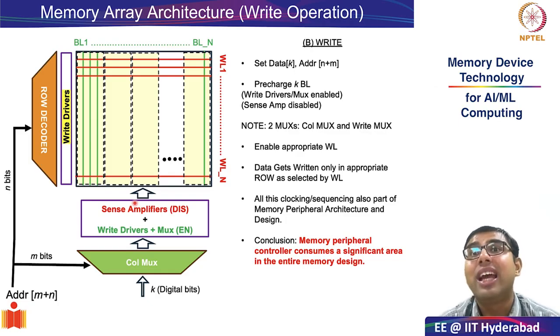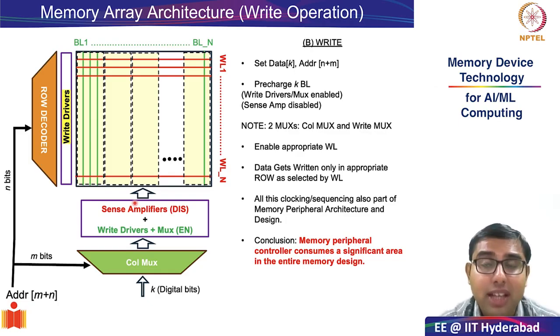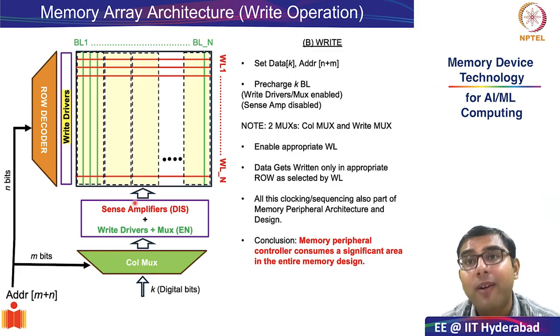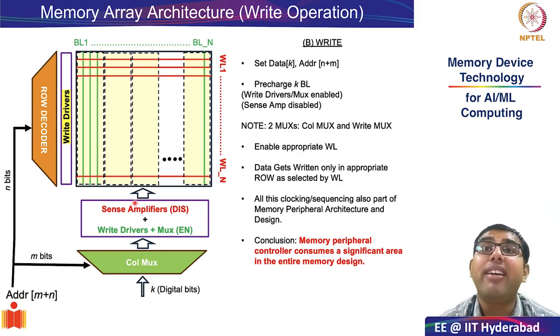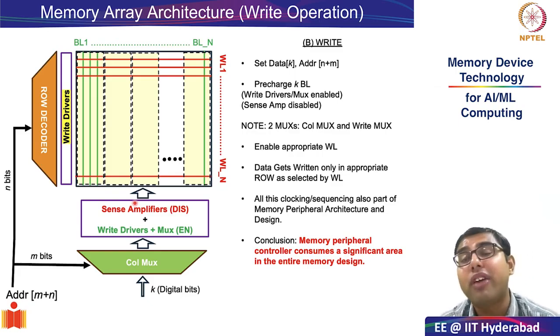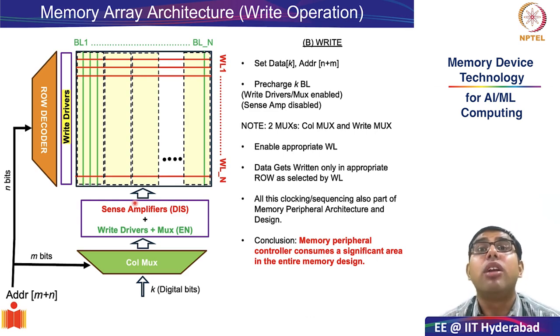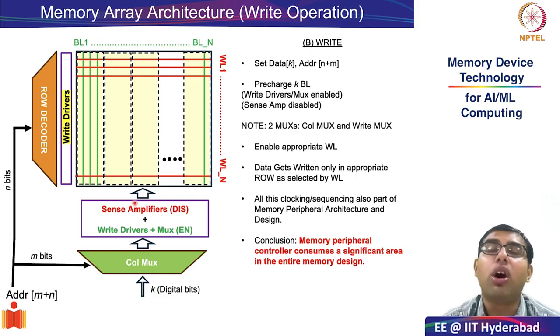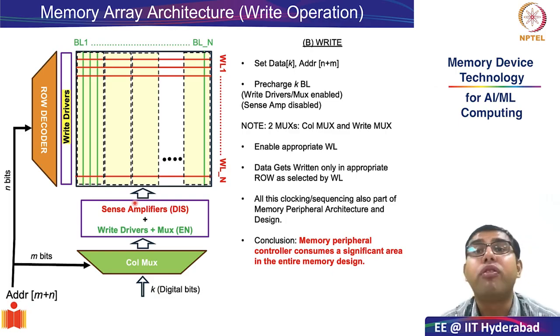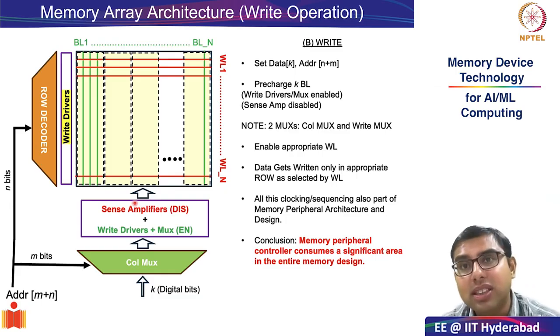The page in a memory array is equal to the word length. Each page consists of 2 to the power of m columns. The responsibility of selecting which of the 2 to the power of m columns lies with the column mux, and which word line is selected is on the row decoder. So the address now consists of n plus m bits.